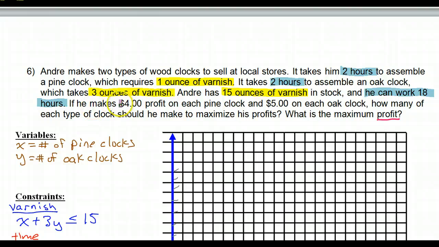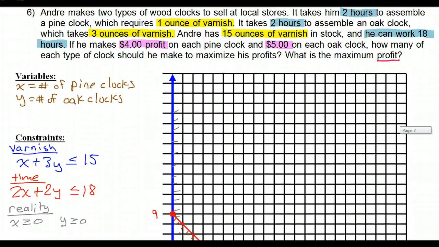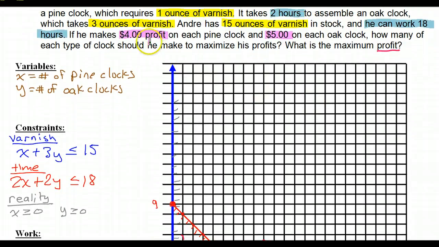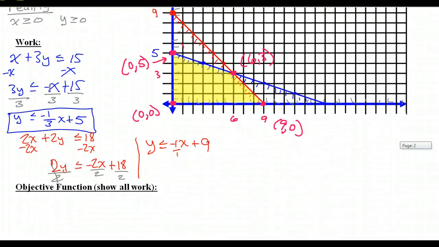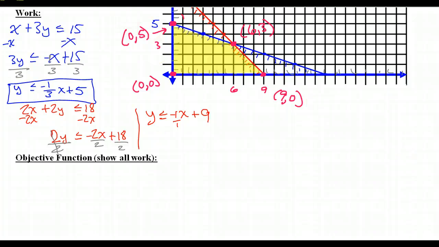Okay, he makes $4 profit on each pine clock and $5 profit on each oak clock. So those are the 2 numbers that will go into our profit equation. 4x plus 5y is equal to the profit. So let's just write that down.